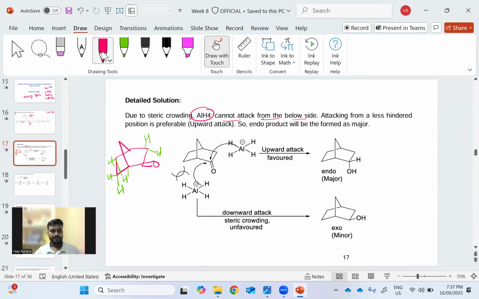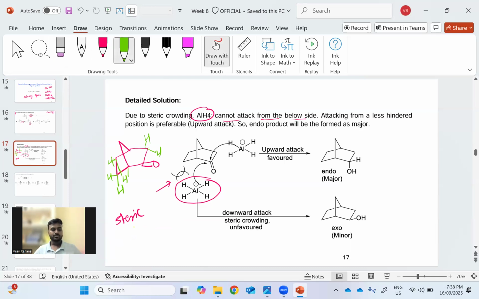So we can see here, attack from the downside is prohibited by steric crowding. Instead of repulsion, steric crowding is the correct terminology.